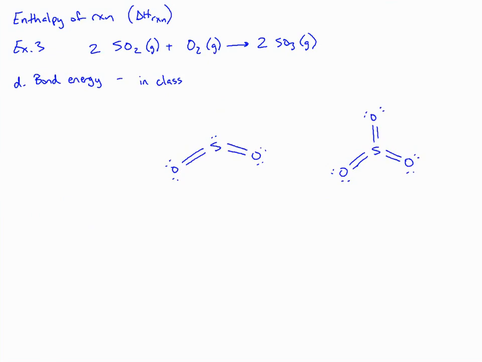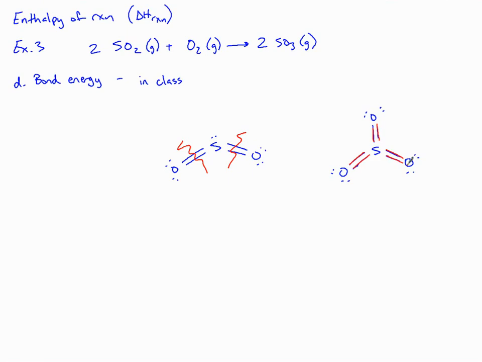So the last one is enthalpy of reaction in terms of bond energy. And this is something that we'll do later in class. I don't think that we're ready to pile this on yet. But the basis of what's happening is we're looking at how much energy does it take to break this bond, and how much energy does it take to make this one, and this one, and this one.